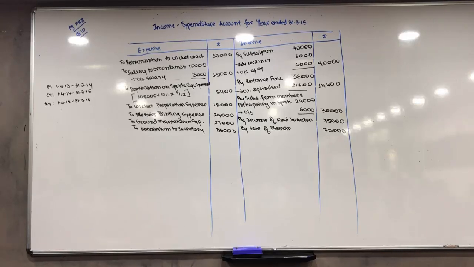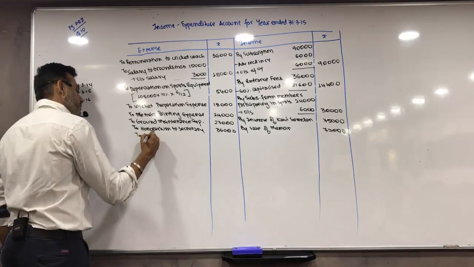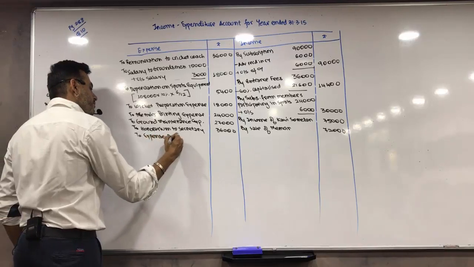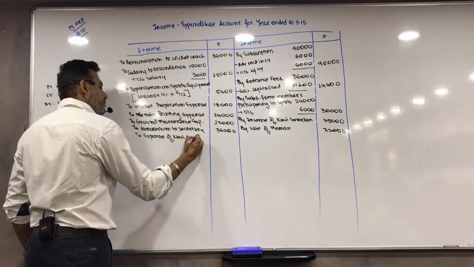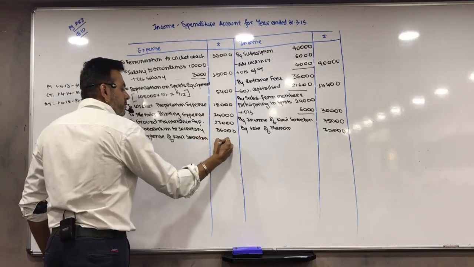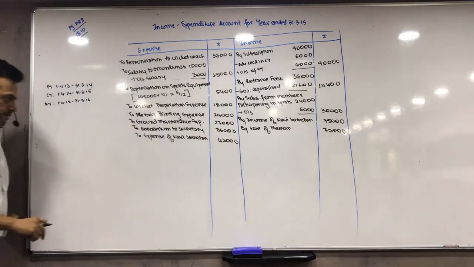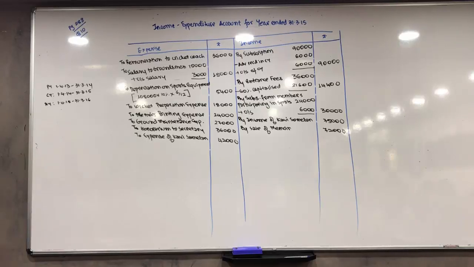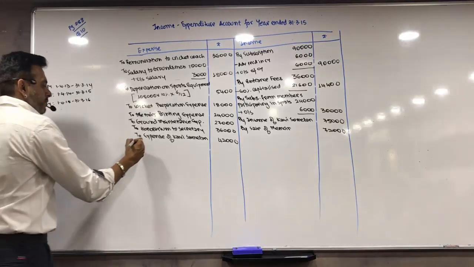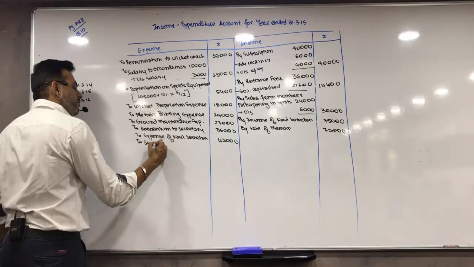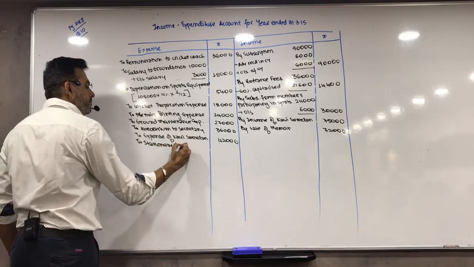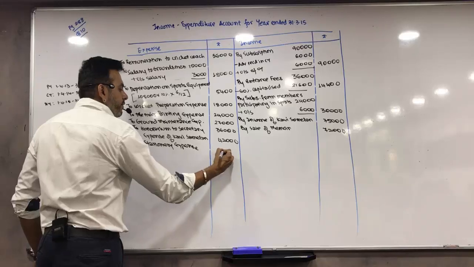Donation received will not come. Investment, no. Expense of Kavi Sammelan 42,000, to stationery expense 15,000. To stationery expense 15,000.